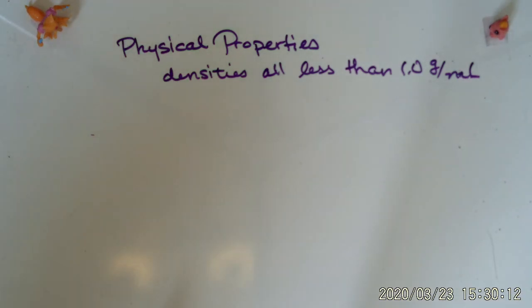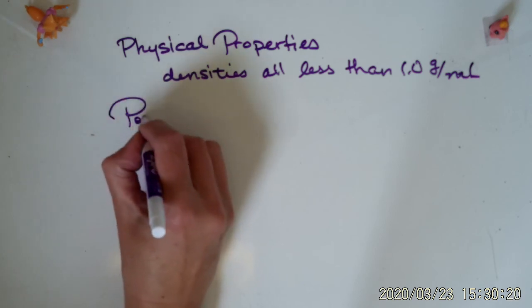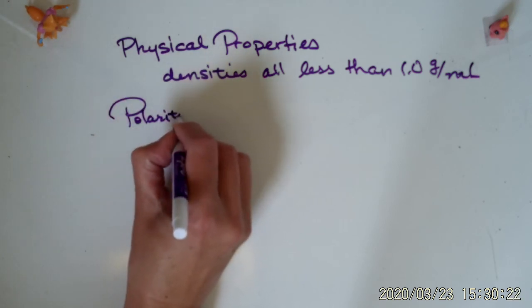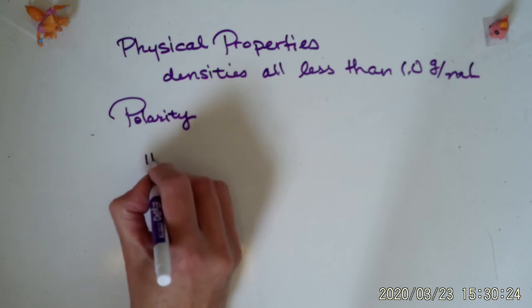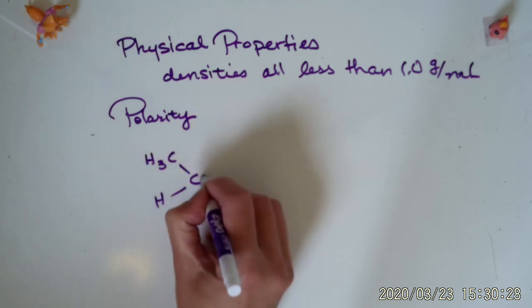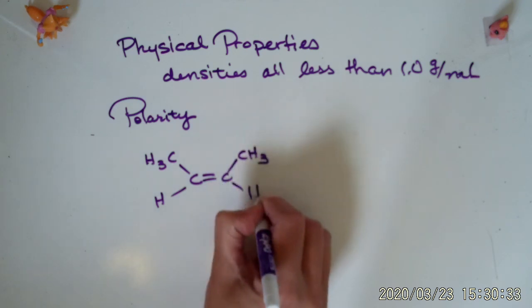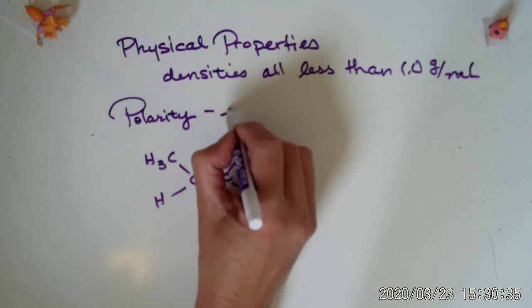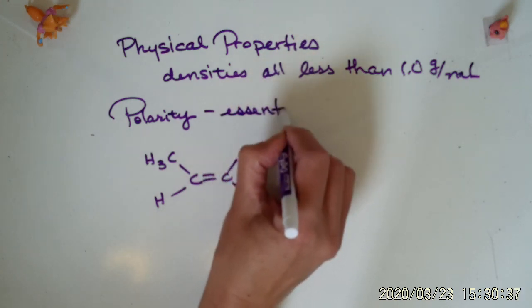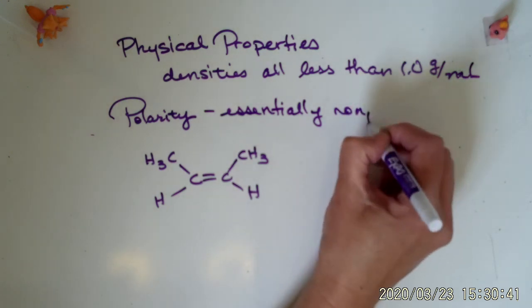With at least 2 chlorines or more, or if it's an alkyl bromide or alkyl iodide. Okay, if you look at the polarity, very, very, very slight. They're essentially nonpolar.